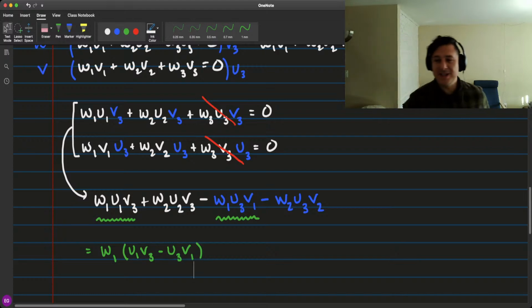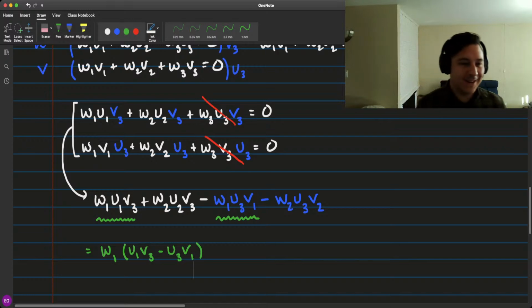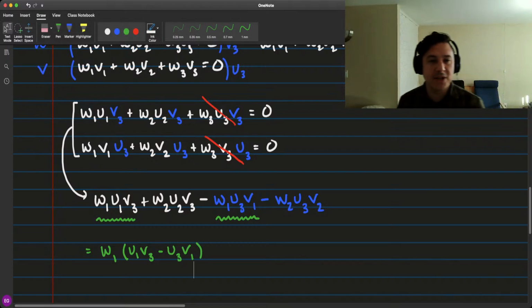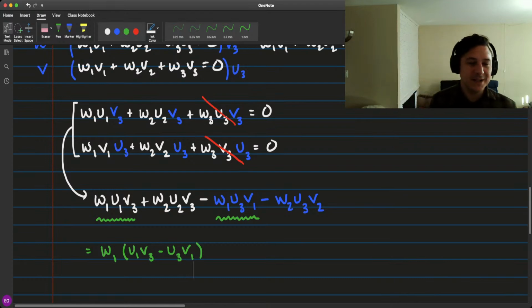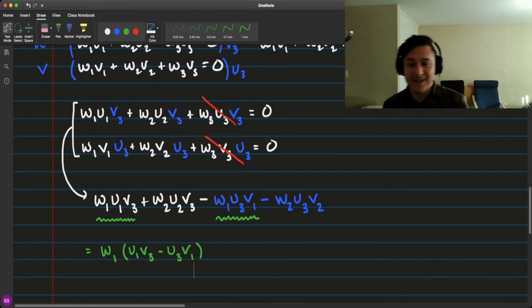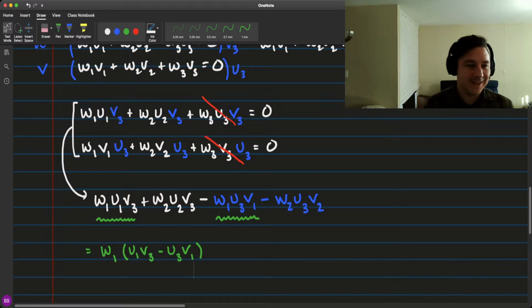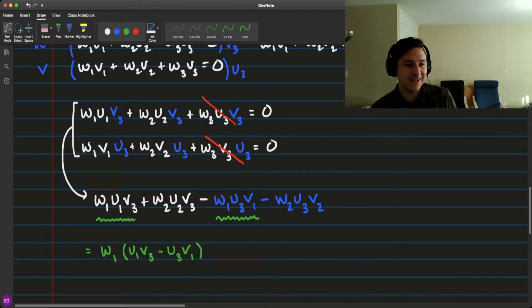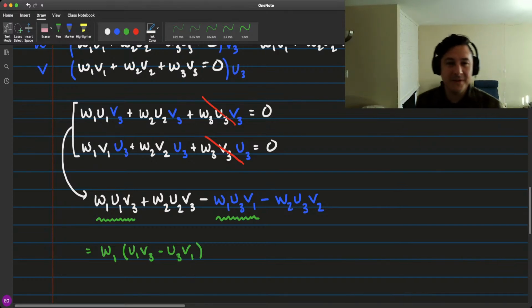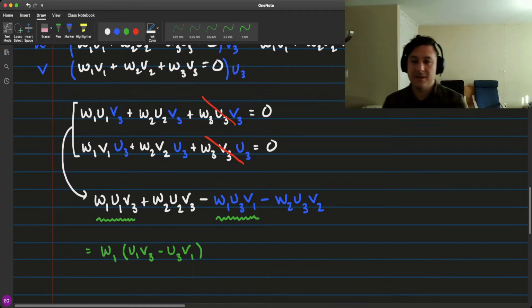And that's really interesting. Why is this interesting? There's a symmetry here. What is the symmetry that we see? There's something really interesting about those terms in the parentheses.